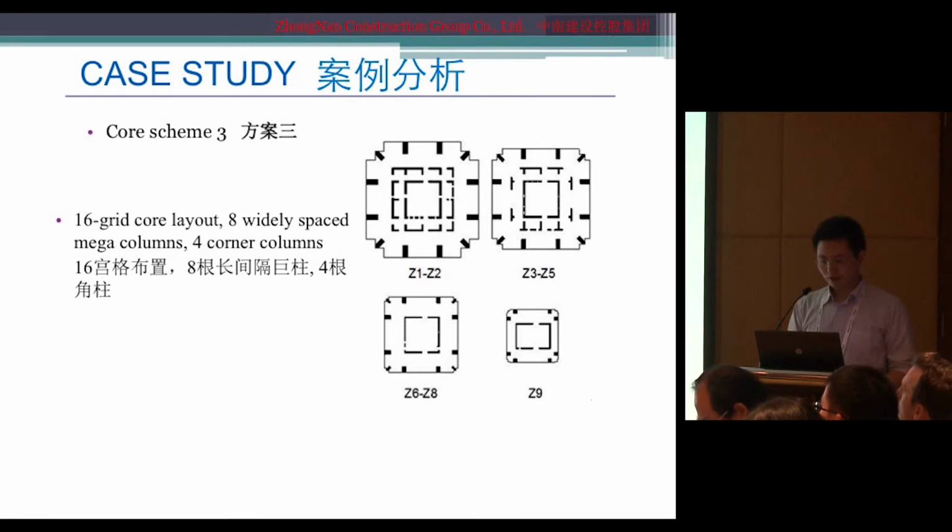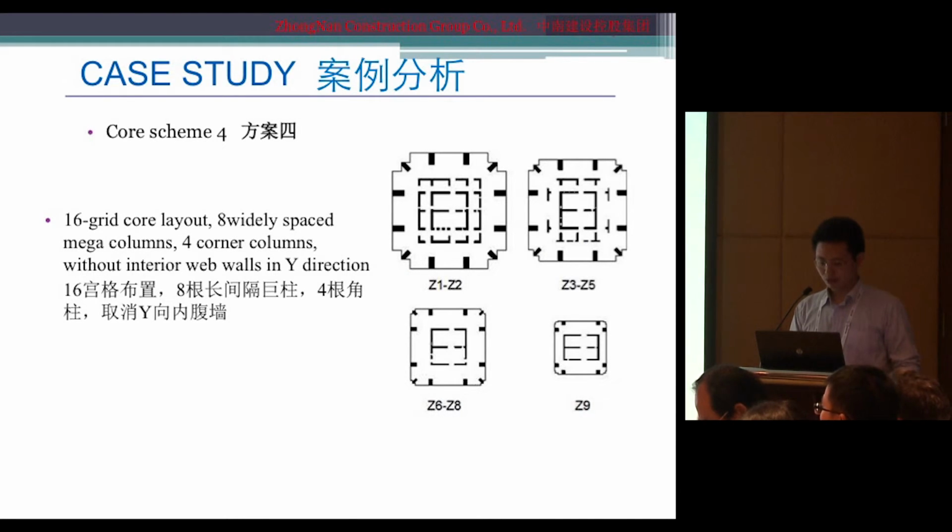And this is the third proposal. Based on the first one, we removed the secondary walls of the core.